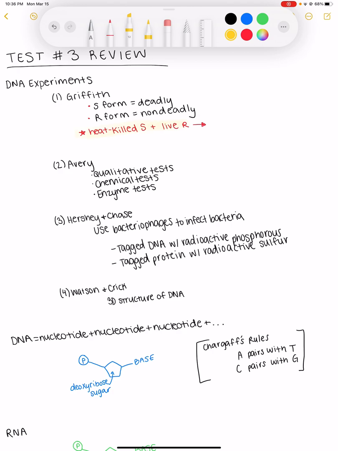So what he did was he heat killed that S form bacteria and combined it with a live R bacteria. So what we should be thinking is, okay, well, the deadly form is killed, so that shouldn't have an effect. And the form that is alive is that R non-deadly form. So what we would expect is that the mice would live after being injected with this combination. But what he actually saw was that all of the mice died.